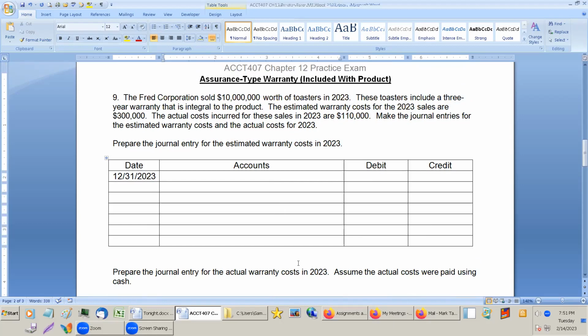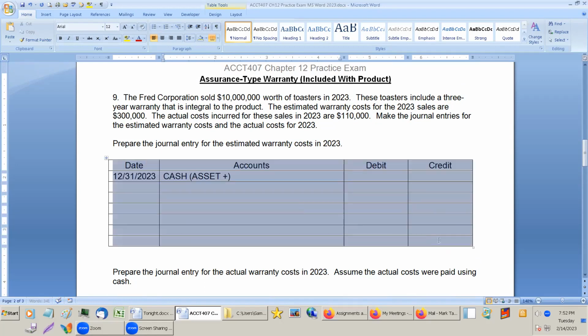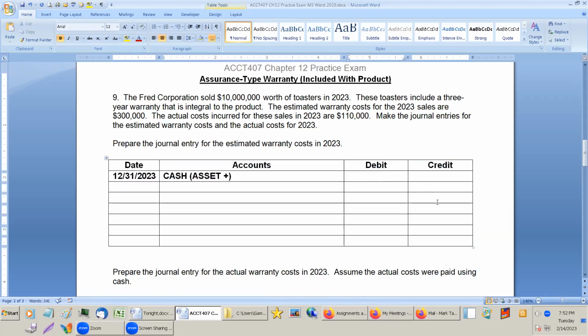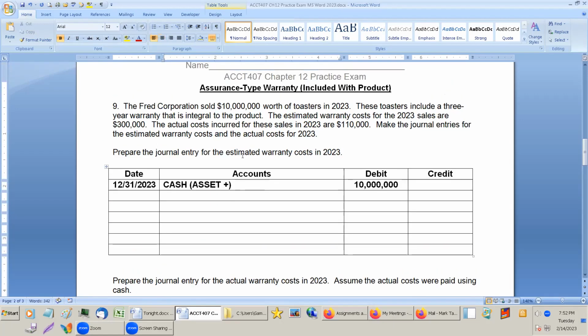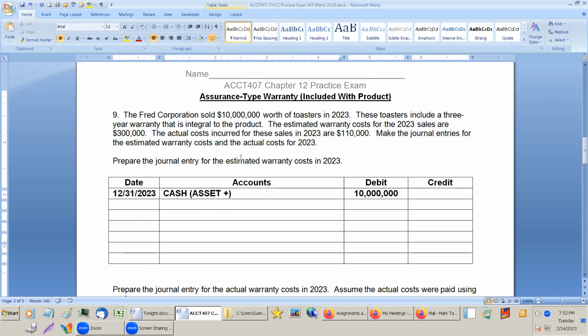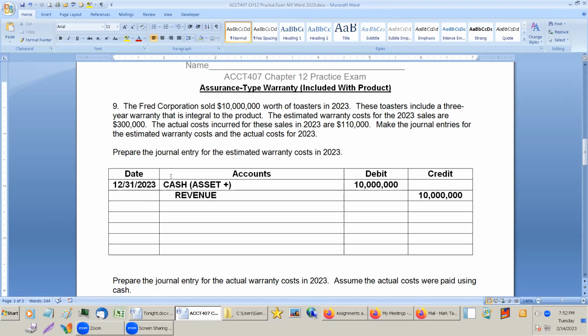So this will be, and so we have to put in our estimated warranty costs to offset these revenues.